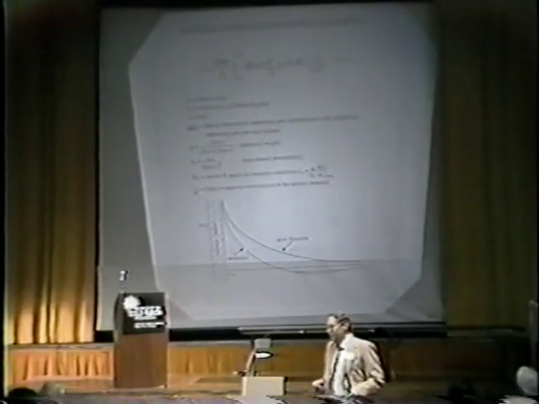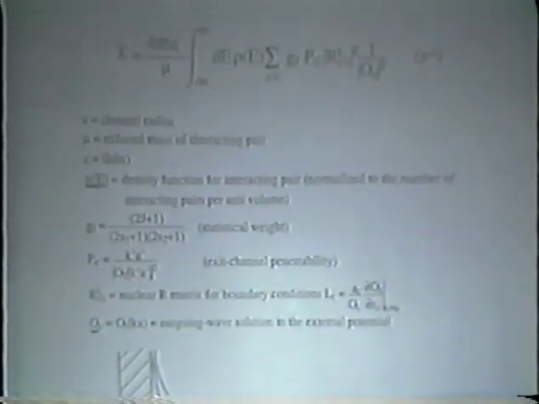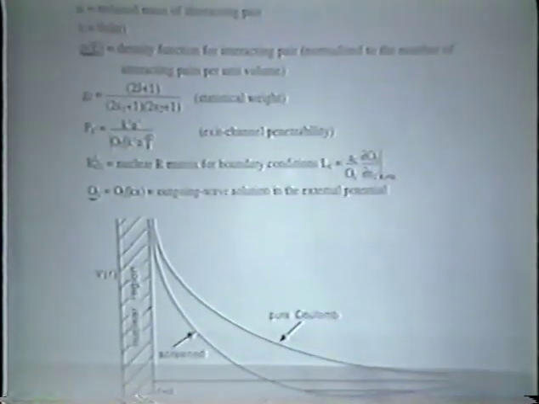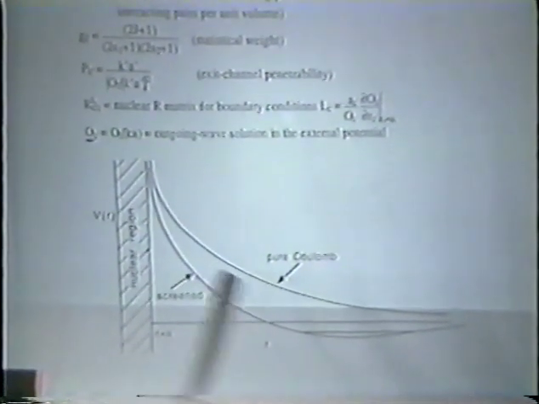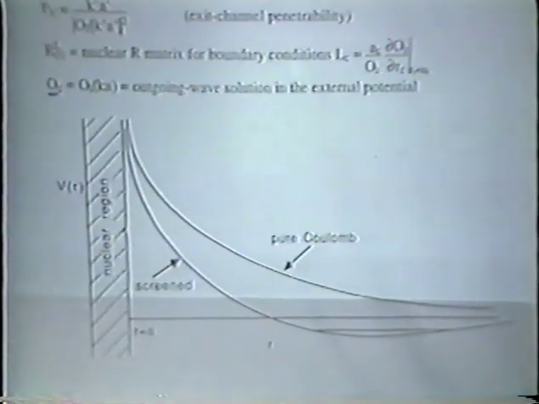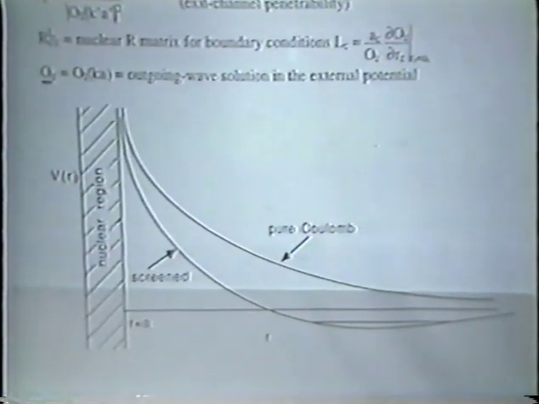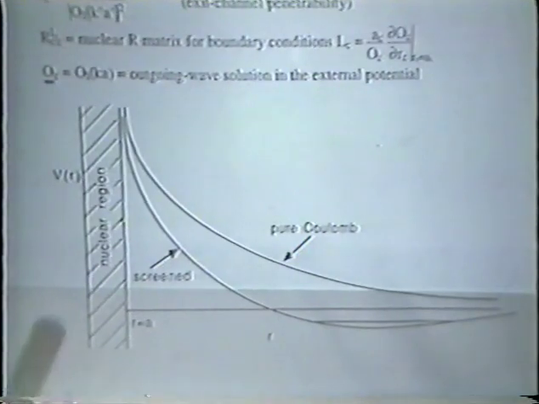But of course in the case that we want to discuss, we know that there's some sort of long-range potential out here that is screened most probably with respect to a pure Coulomb potential, and one of the problems is we don't know exactly what it looks like, or at least I don't know exactly what it looks like. It might have a well, it might just be screened a little bit. So this is one thing that needs to be known.